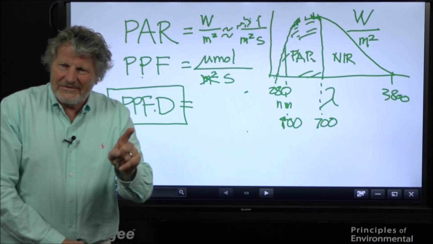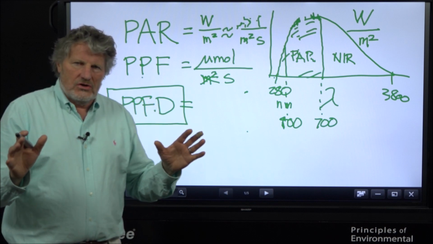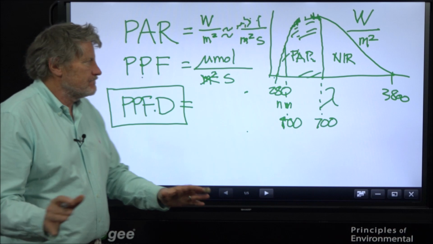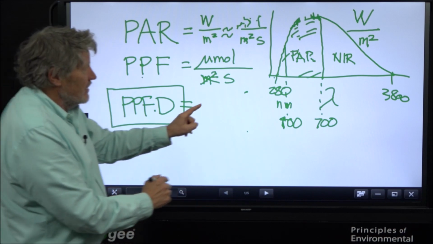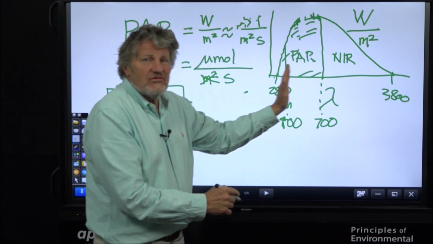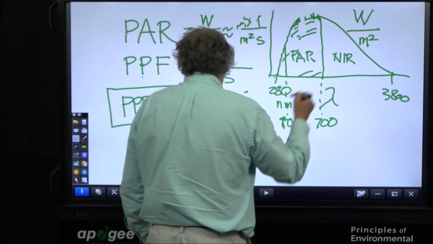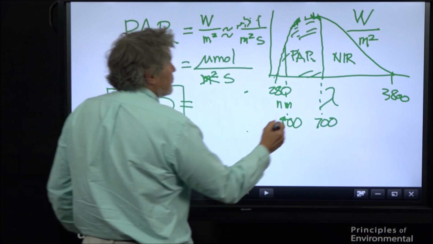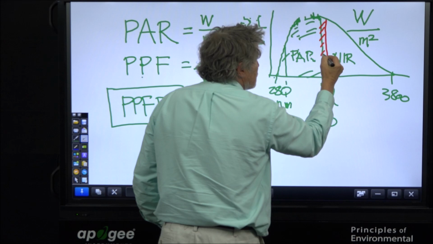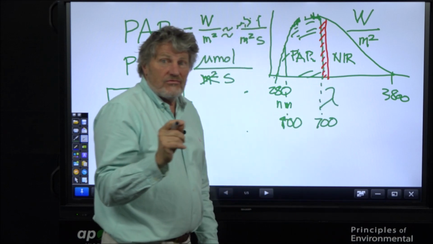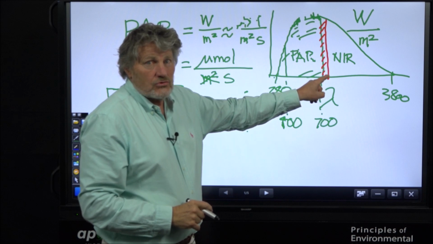And one more thing. There's a new term that we have started to use in our research. Remember that this P stands for photosynthetic, and that means 400 to 700. But we now know these photons out here, let's put this in red, there's photons right here that we call far red radiation, that actually cause some photosynthesis.